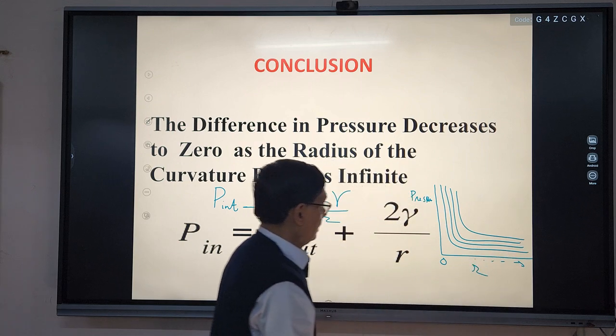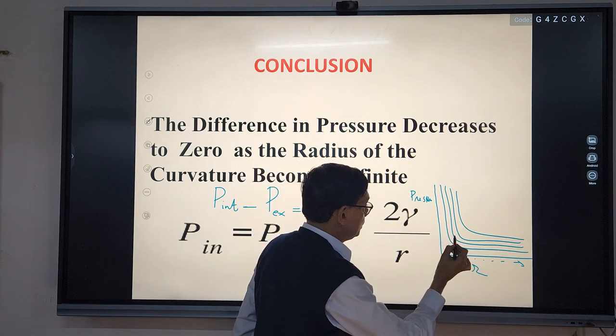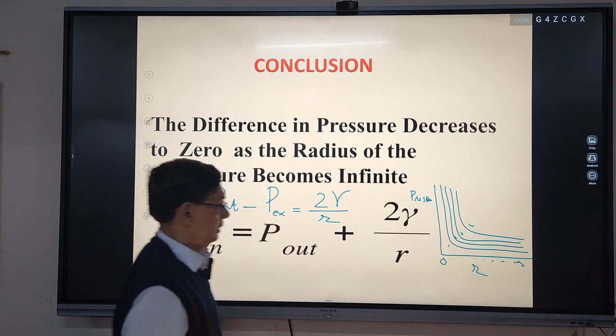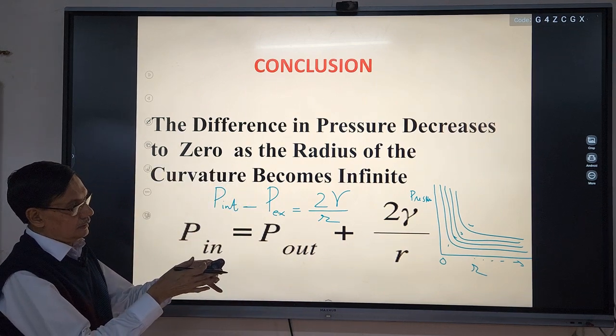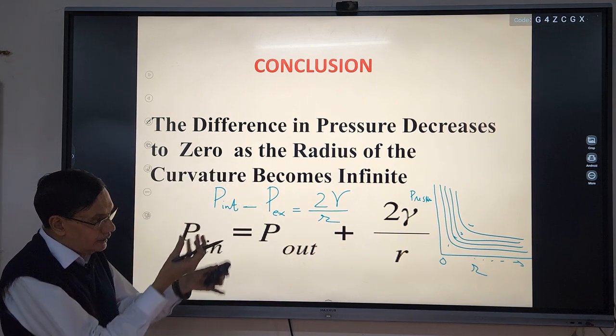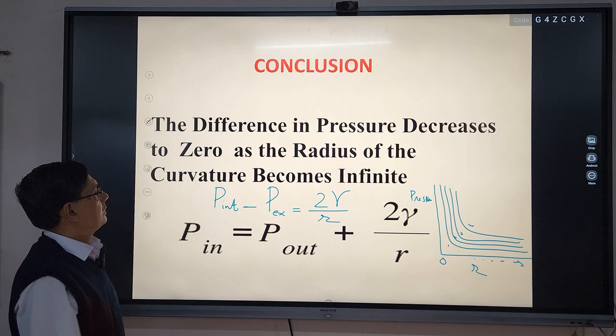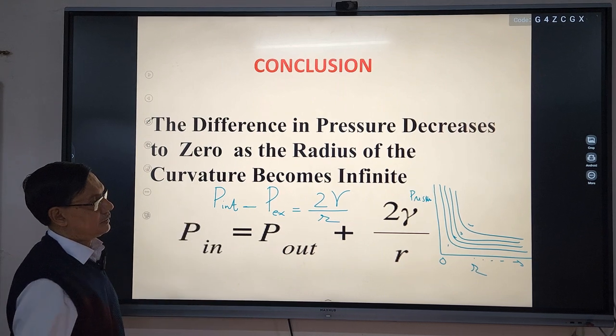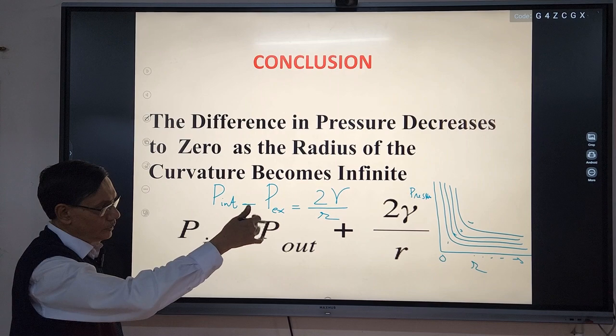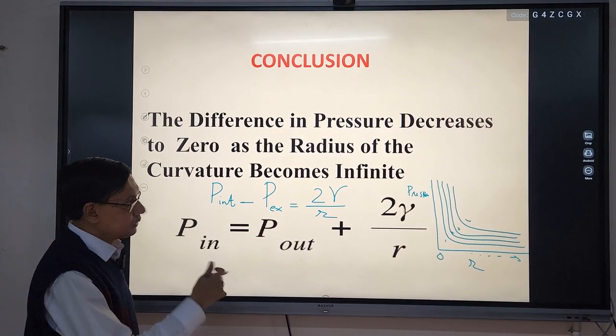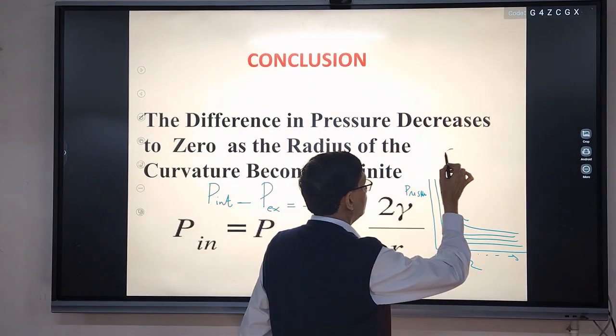It is one relationship between the pressure and the radius of that curved surface. But these different types of curves show the different types of surface tension.